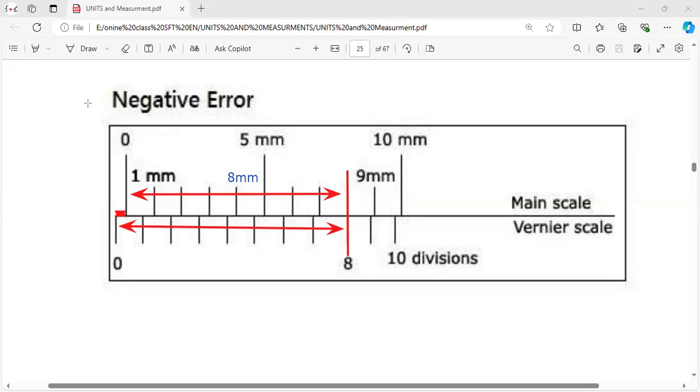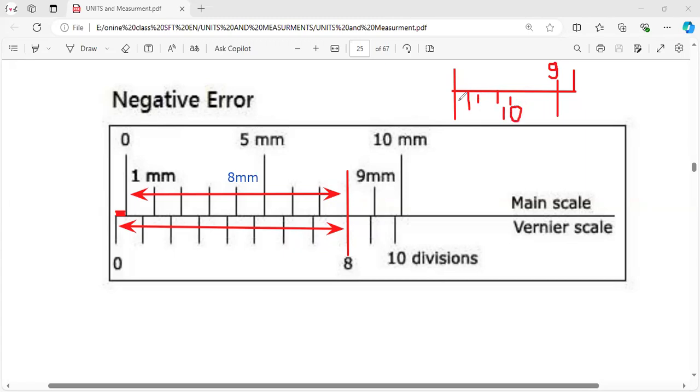I didn't teach you this one, but as I said earlier, in the vernier scale 9 millimeters are divided into 10 divisions, right? So this is the 9 millimeter point, and this 9 millimeters is divided into 10 parts.